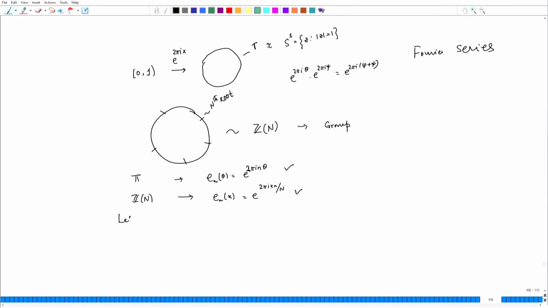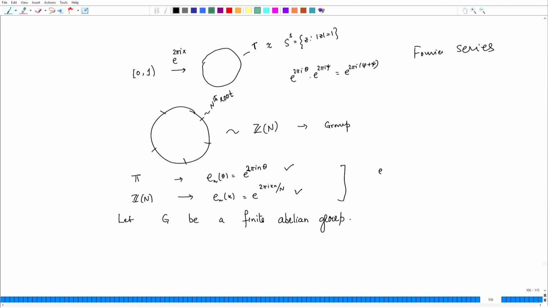Let G be a finite abelian group. Now, what is the feature of this?